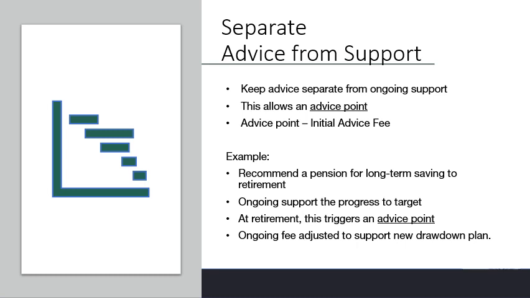So in both these circumstances, the first recommendation, the pension, is supported by an ongoing support, and the second recommendation at the point of retirement going into drawdown requires another fee and then another ongoing support fee. That's the best approach, and that's the approach we adopt at Truly Independent.